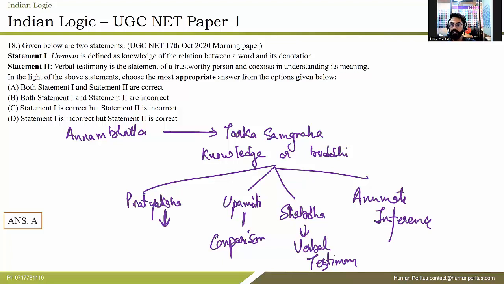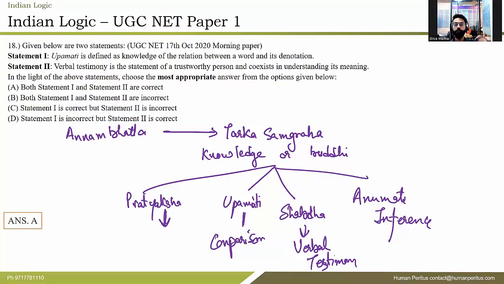Verbal testimony is the statement of a trustworthy person and it coexists in understanding its meaning. That is absolutely true. If some scientist tells you a particular process, or if your mother tells you that this is the recipe to be followed to make one particular dish, your mother is a trustworthy person.